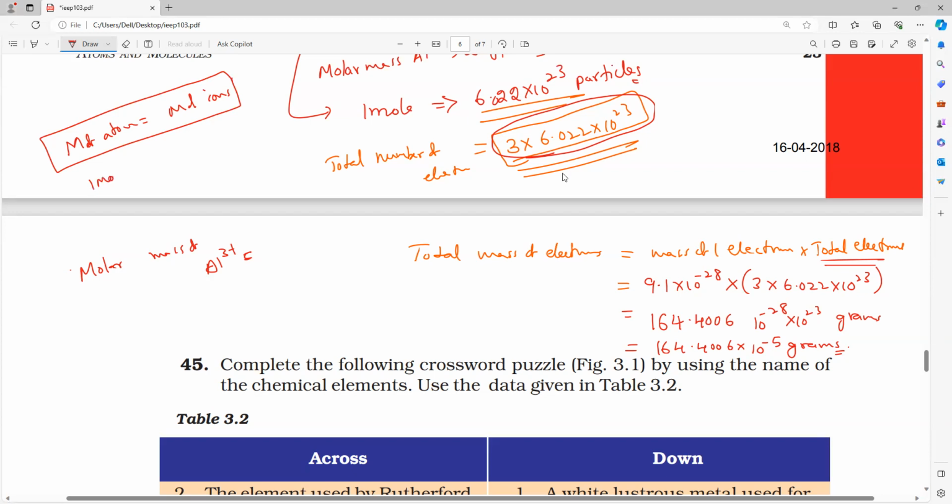So 1 mole of aluminum is equal to 1 mole of aluminum ions. 1 mole of aluminum contains how much mass? 27 gram. Correct? Now for 1 mole of aluminum ions, 27 minus the electron mass you have to remove. How much is the electron mass?